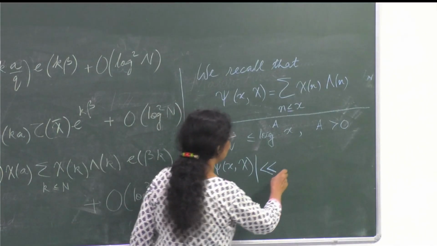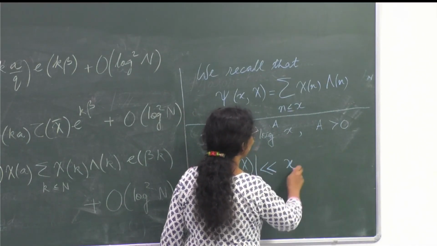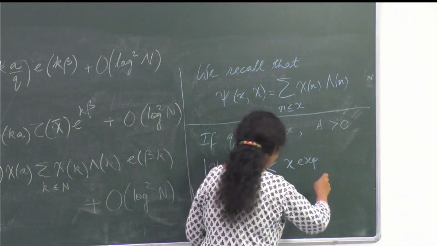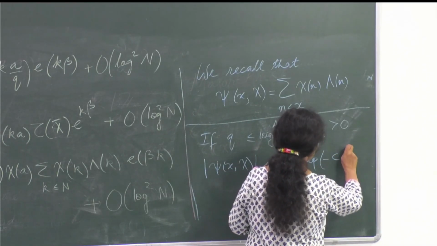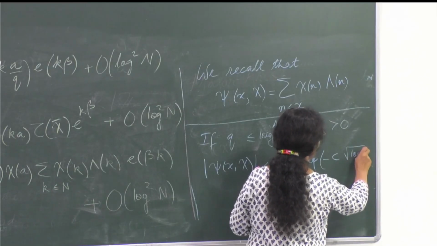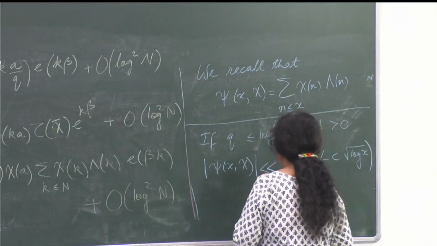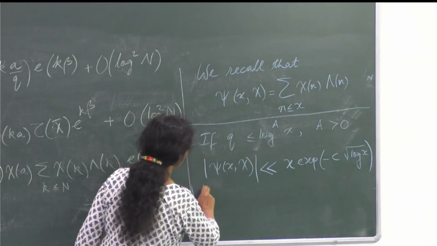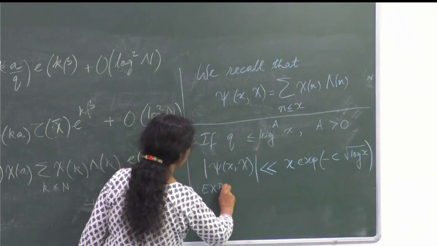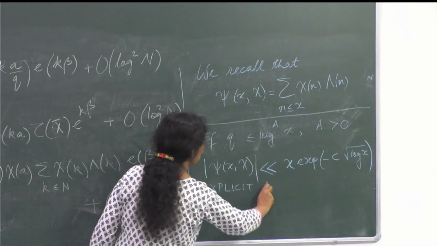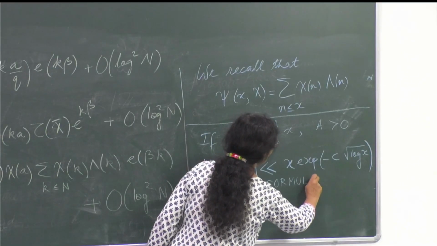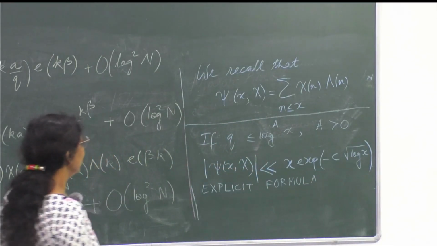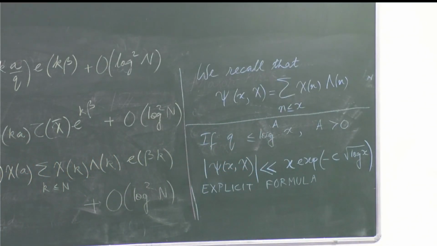So this is x, yeah. So this is our explicit formula. You can call it, I mean, it is equivalent to having the prime number theorem.